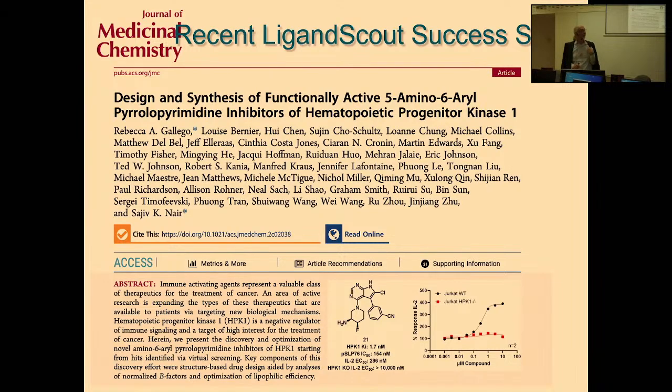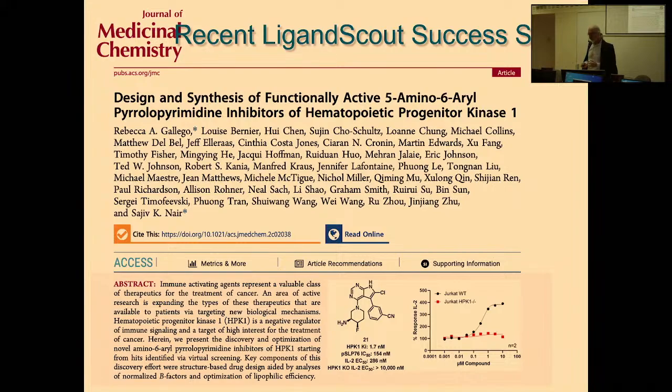This is one paper that has been published by Pfizer in J Med Chem recently, where they discovered in their own library of molecules a hit. So this was a molecule that they had in-house, and they have something like 4 to 5 million compounds, and they don't screen them all, because also Pfizer, when they do a high throughput screening, they make a subset and screen maybe 1 million out of the 5.